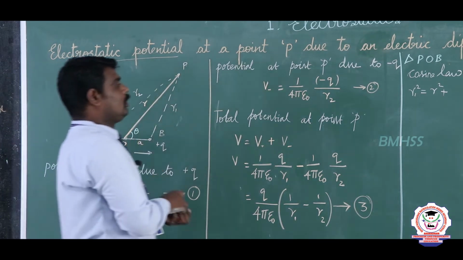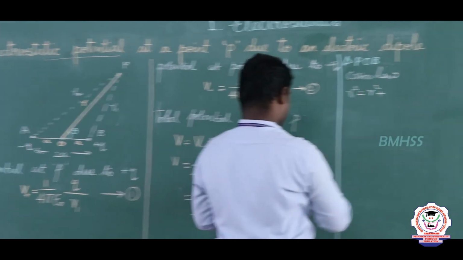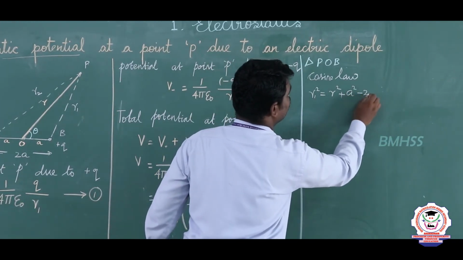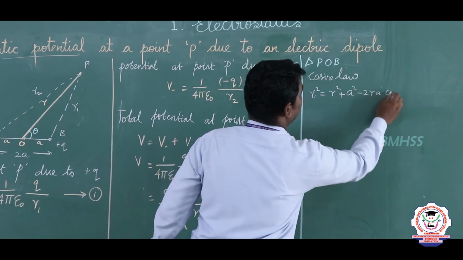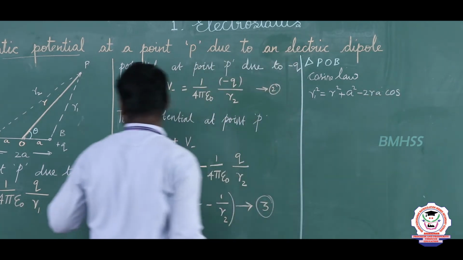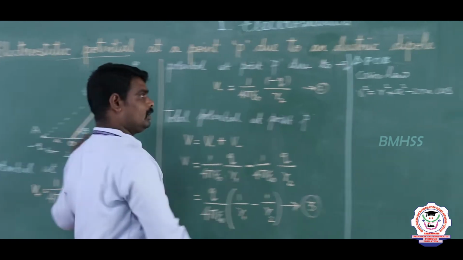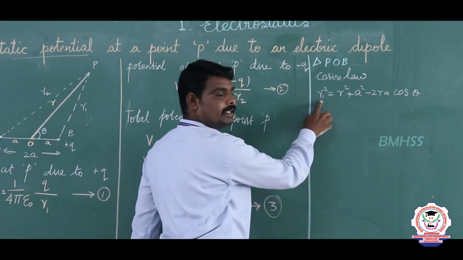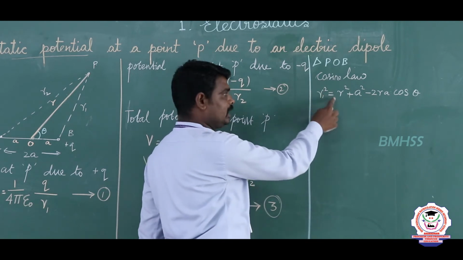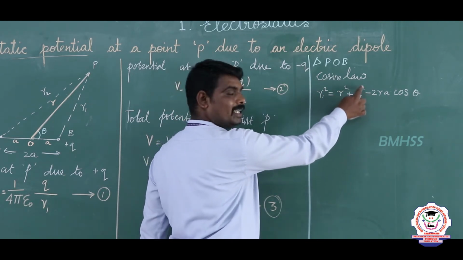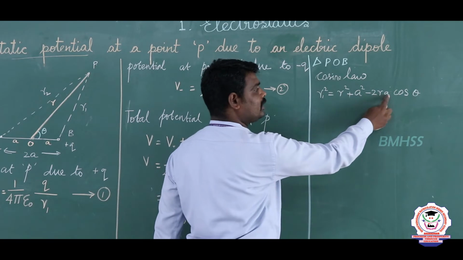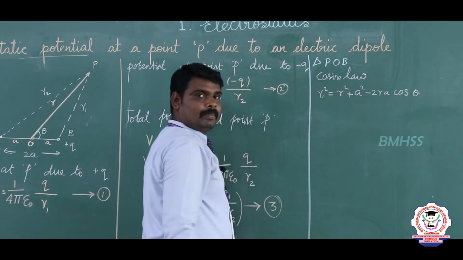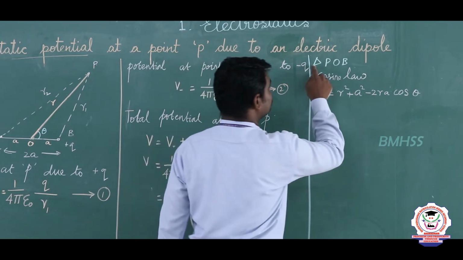So, r square plus a square minus 2ra cos theta. Yes, r1 square is equal to r square plus a square minus 2ra cos theta. This is the cosine law.